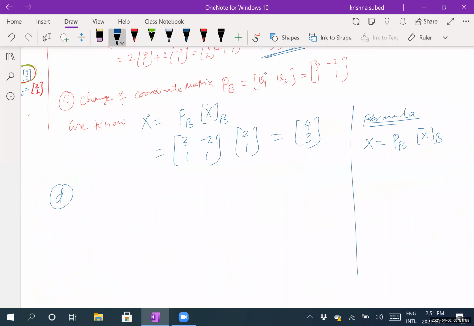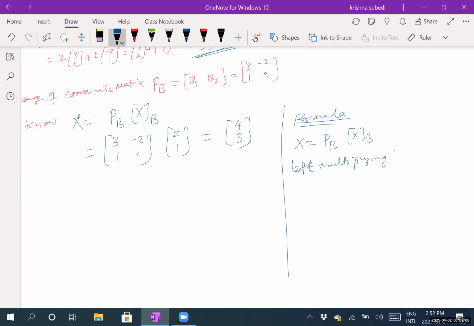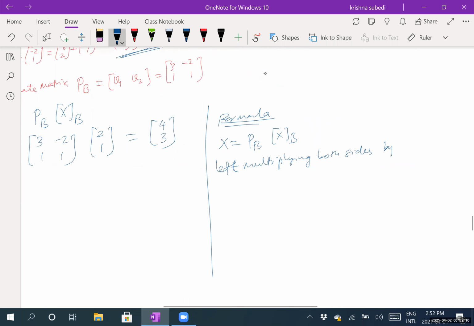Now, left multiplying both sides by PB inverse, we're going to get PB inverse X equals PB inverse PB XB.